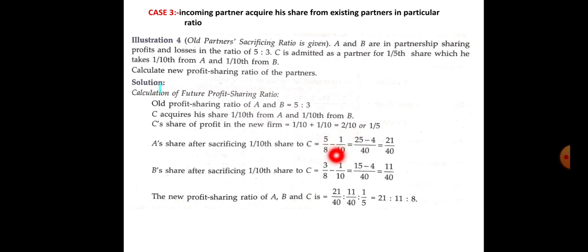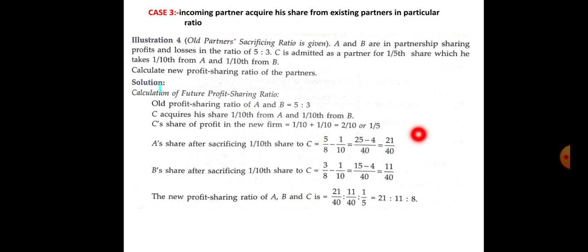Now 1/10 will be sacrificed to C, then he will attain the new profit as 21/40. Clear? In the same way, if B sacrifices 1/10 of his share, then he would find that 3/8 was his existing ratio, and he will have to sacrifice 1/10 from his share in favor of C, तो उसके पास कितना बचेगा? 11/40.